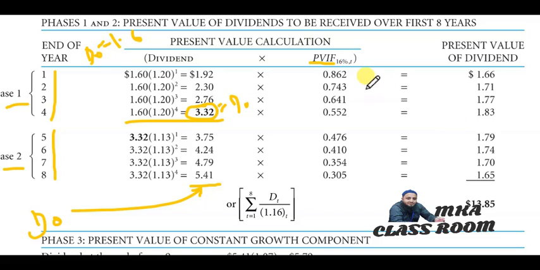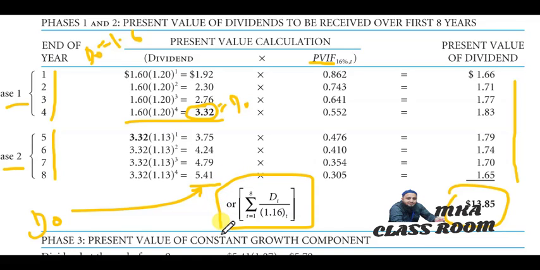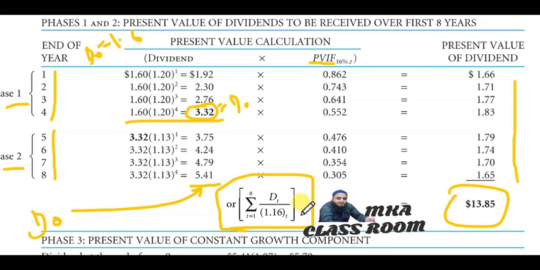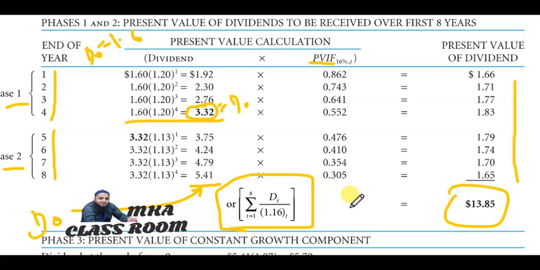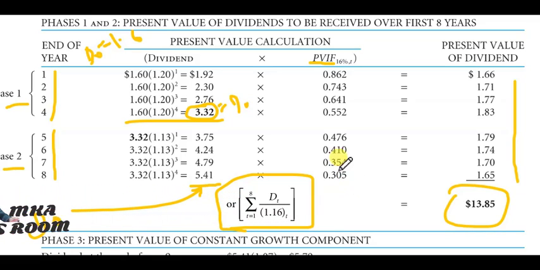If we multiply, this is the present value of our dividend, and then this is the summation. We know this formula from our previous lectures, the summation of Dt divided by 1 plus k power t. So that's our formula. If we write it down mathematically, well, no problem.